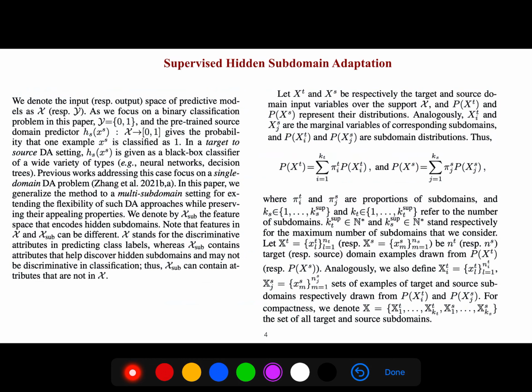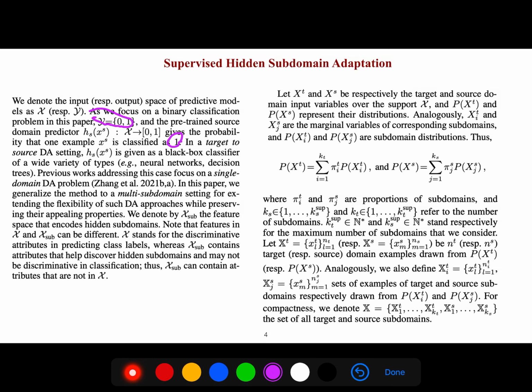So again, we denote the input space of predictive models as X, and we focus on binary classification problems, where we have two labels. In the pre-trained source domain, the predictor gives the probability that an example is classified as 1. In a target-to-source domain, H is given as a black box classifier of a wide variety of types.